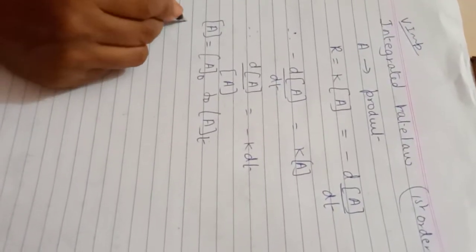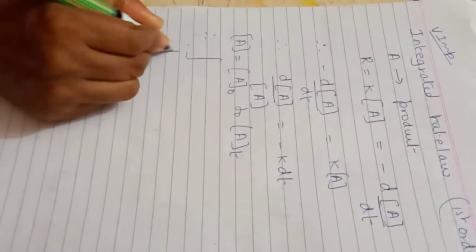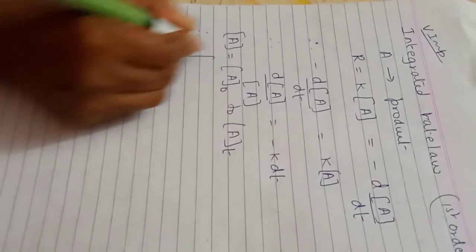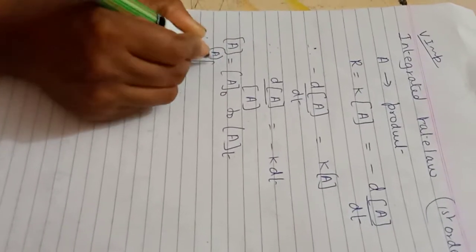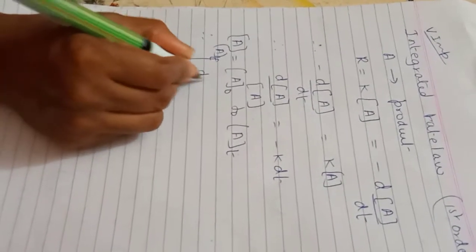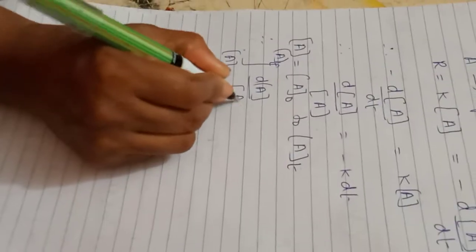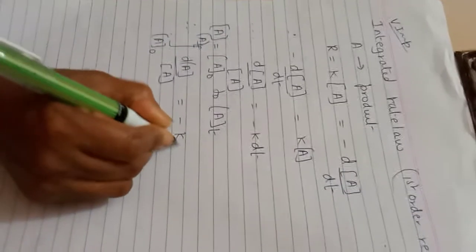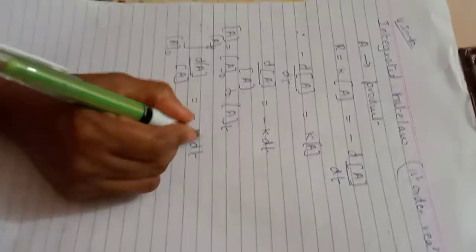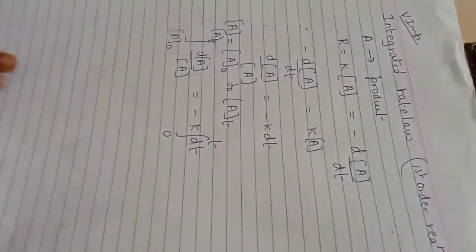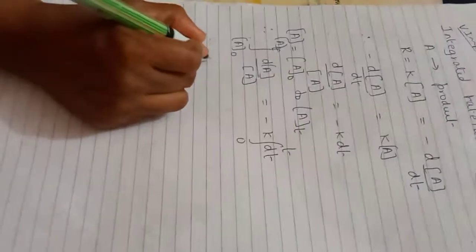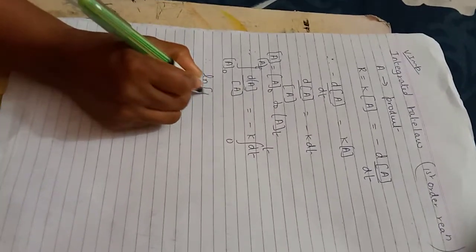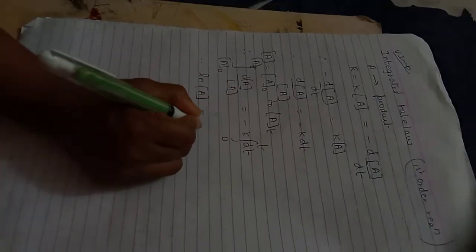Okay, what do we get? Integration from concentration of A at 0 to concentration of A after time t, d[A] divided by [A] equals minus K dt, from 0 to t. What is the integration of d[A] divided by [A]? It is natural log of concentration of A is equal to minus K t.